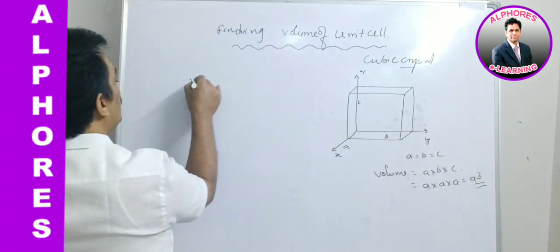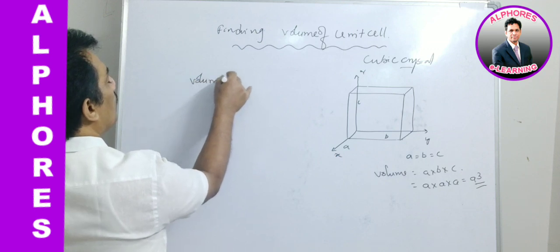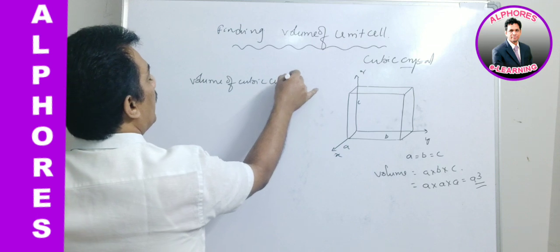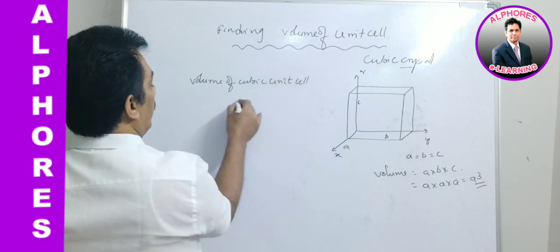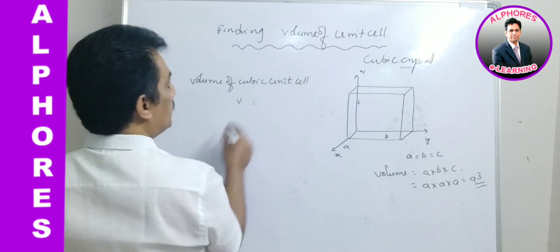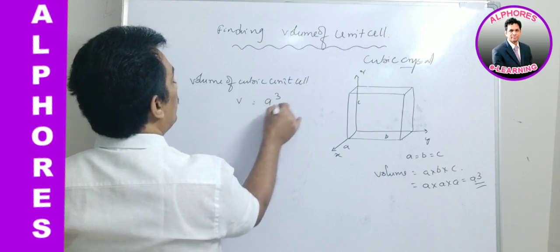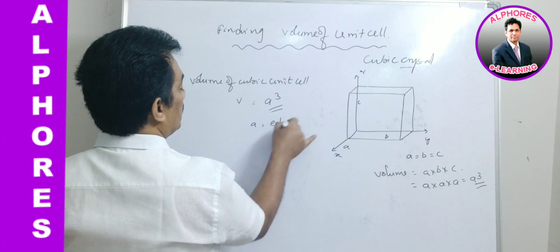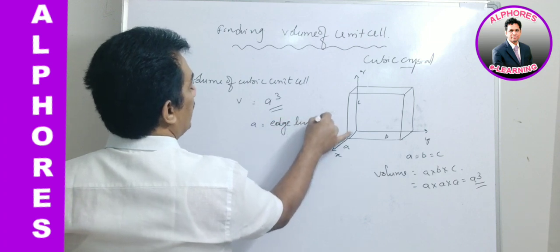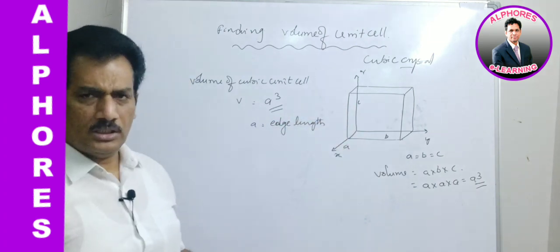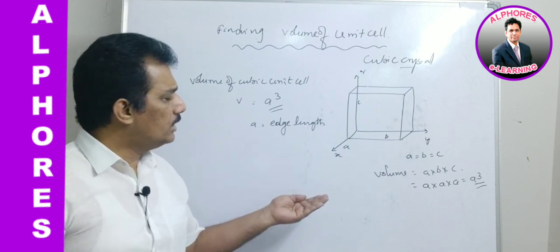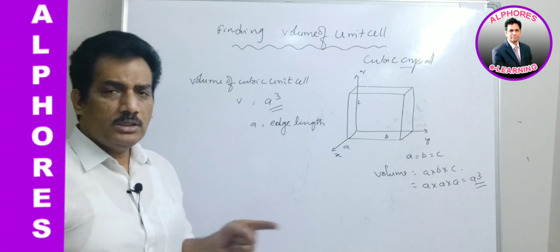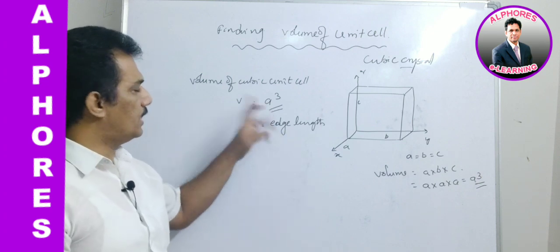That is the volume of cubic unit cell: V is equal to a cube. Here a is equal to edge length. For a cube, length, width, height, all these three are the same, and thereby we are getting this.